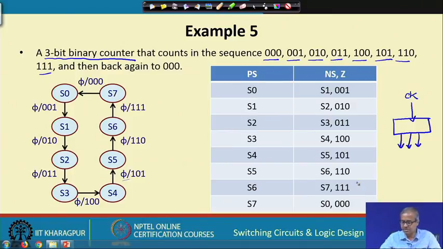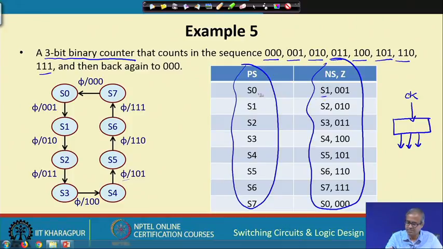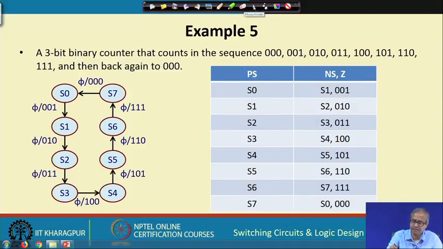The state table is also quite similar. These are the present states, there are 8 states and for each of these there is no input, so there is a single column here. You show what the next state will be, S0 will go to S1, S1 will go to S2, and what the corresponding outputs are. Same information you are depicting.